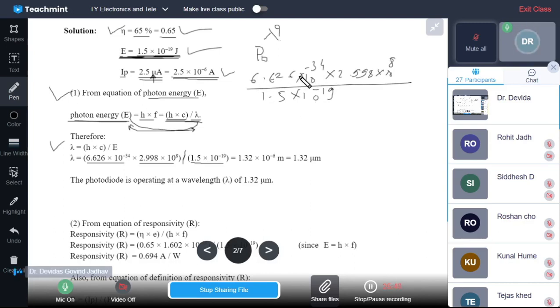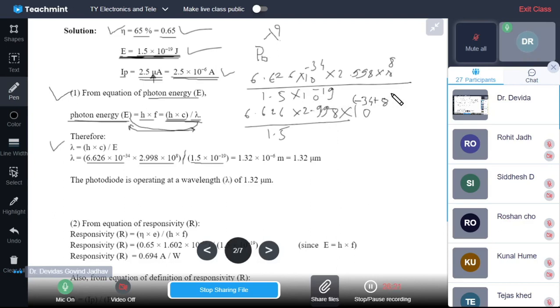Write this 6.626 as it is, this 2.998 as it is, and this 1.5 as it is, multiplied by 10 raised to minus 34, plus 8, and the denominator has 10 raised to minus 19.